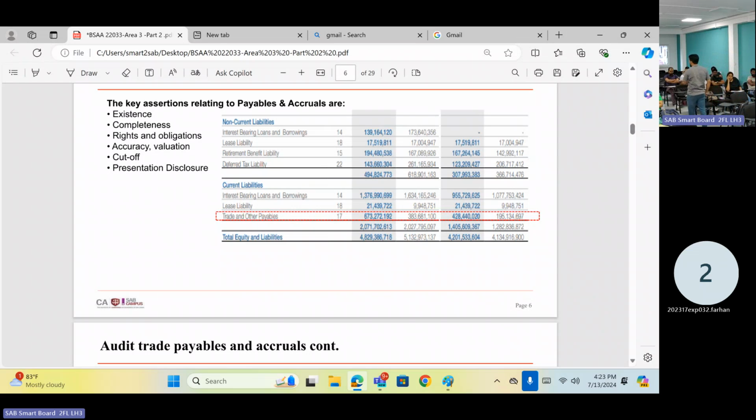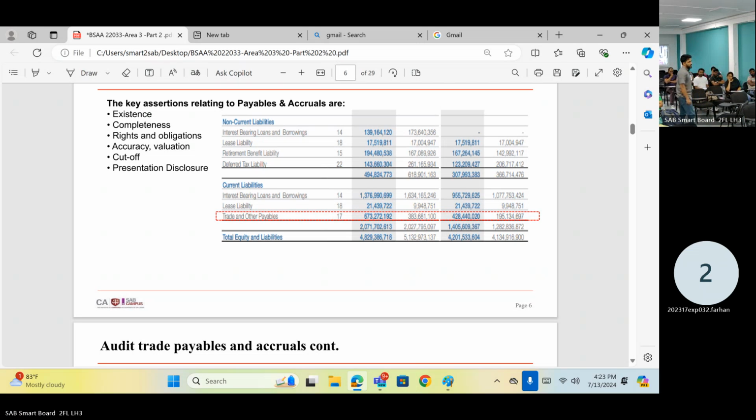Whatever the unreconciled items, control accounts, and different payable balances will pass into other liability. Tax payable, insurance payable, fixed asset payable, or whatever balance related to such transactions will pass under other liability.